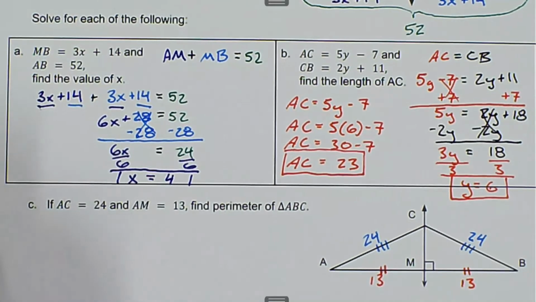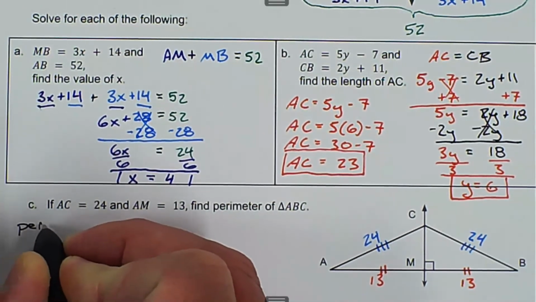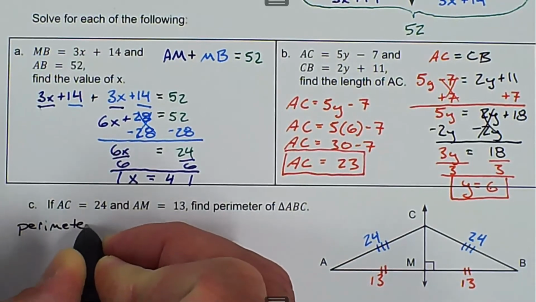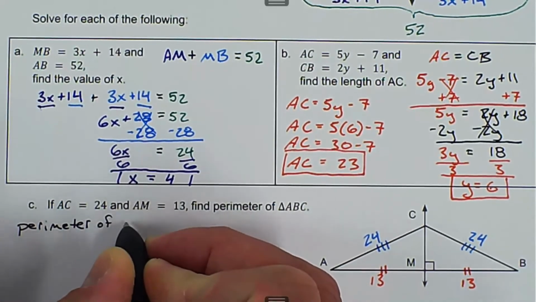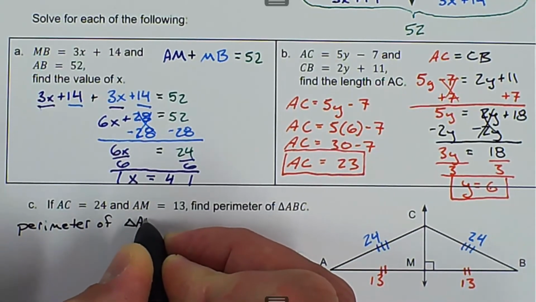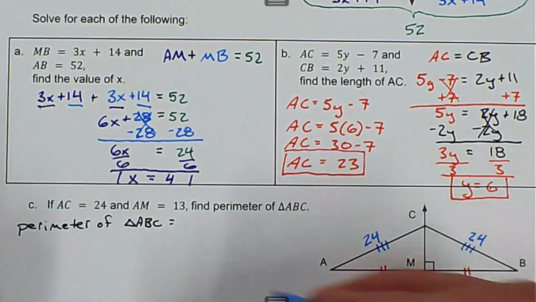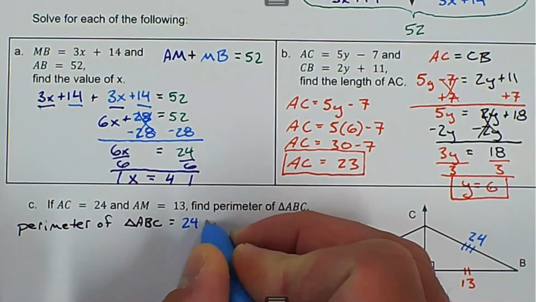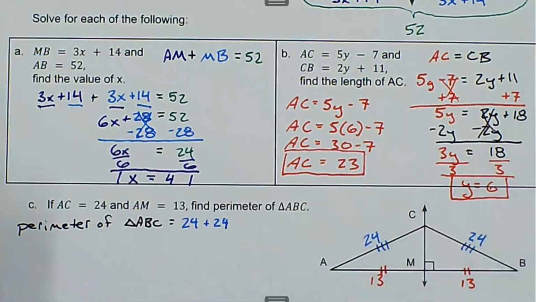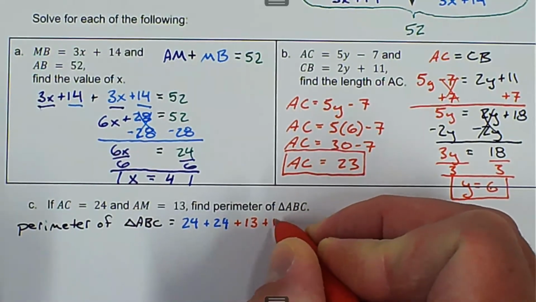If we want to calculate the perimeter of triangle ABC, we know that is all the sides added together. So that will be 24 plus 24 plus 13 plus 13.